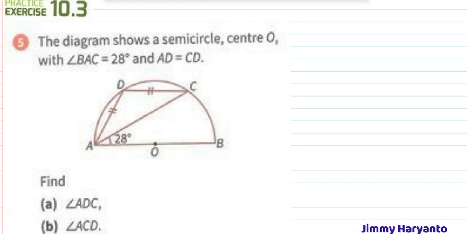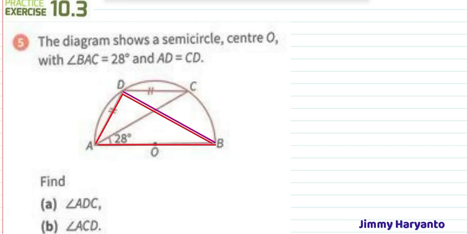For question 5, this one is a little bit hard, but if you do this, I think it will be easier. So you have to create this line, and then as you can see, this one is the diameter, and this one is the circumference. That means this one will be 90 degrees.